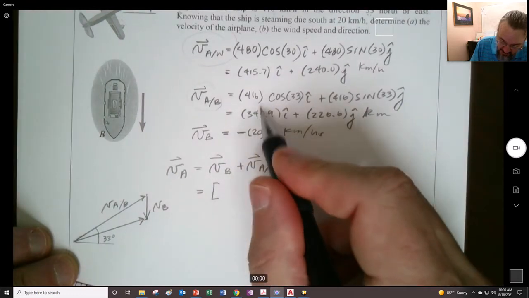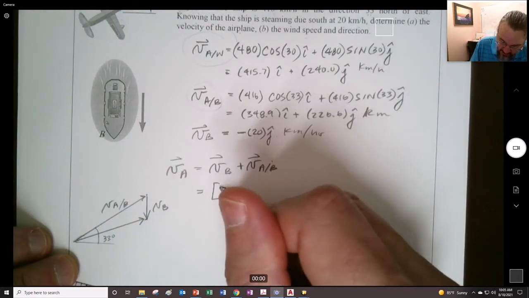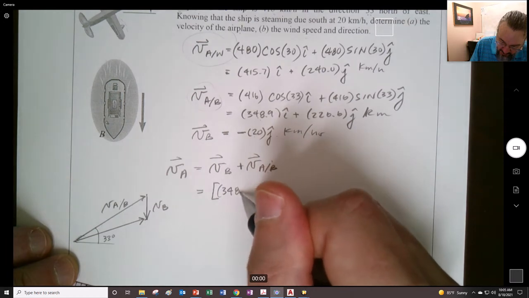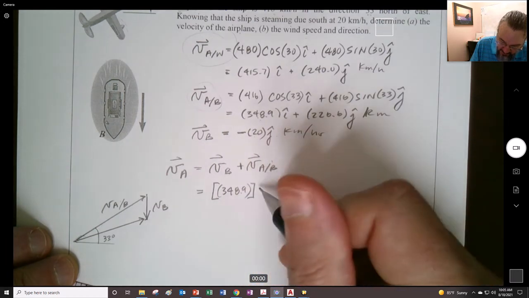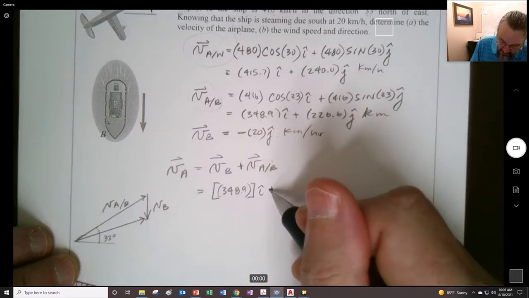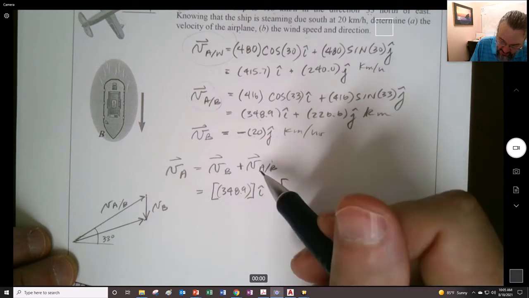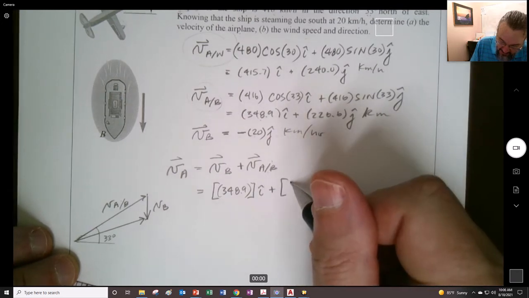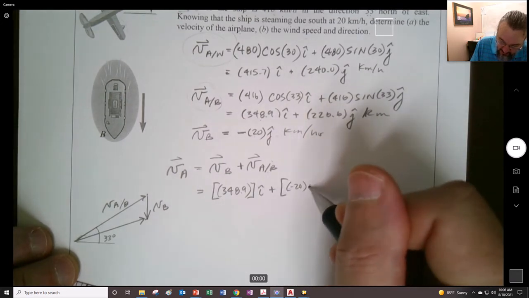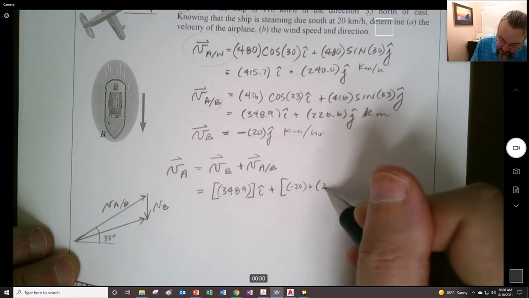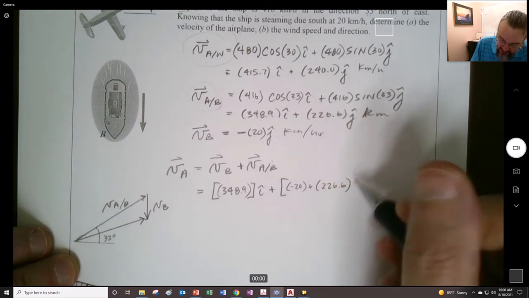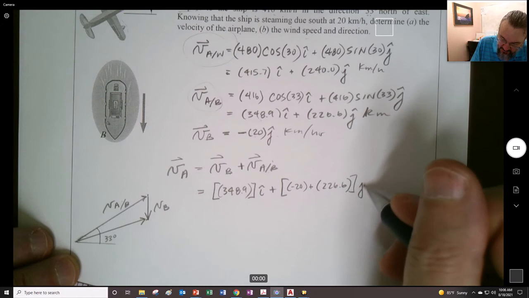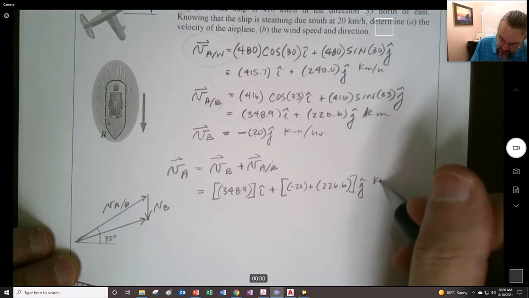That means this is simply going to be 348.9 i plus, and we're going to add negative 20 plus 226.6. We could actually do that in our heads. j kilometers per hour.